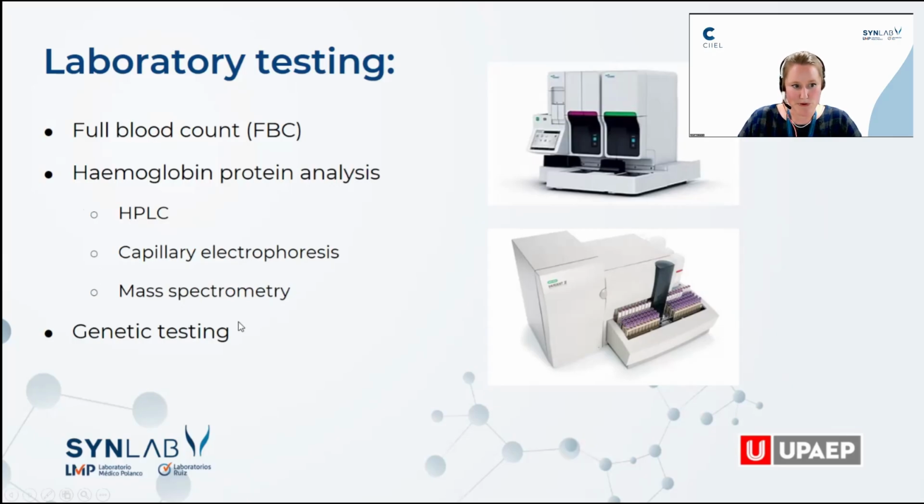We also do protein analysis, so HPLC, high performance liquid chromatography, capillary electrophoresis, and mass spectrometry, and these three are all methods for analysing the actual hemoglobin proteins themselves. And lastly, genetic testing, which doesn't involve looking at the hemoglobin molecules, but looking at the genes themselves, to pick up the actual causative mutations.